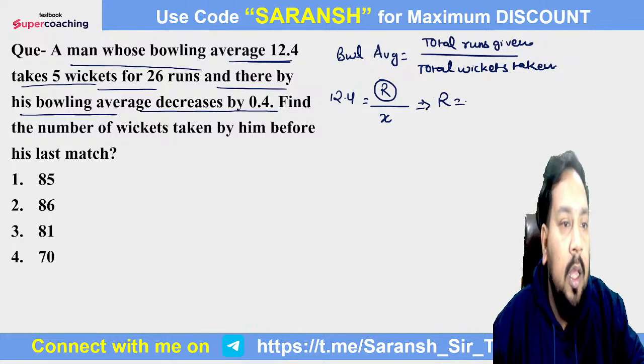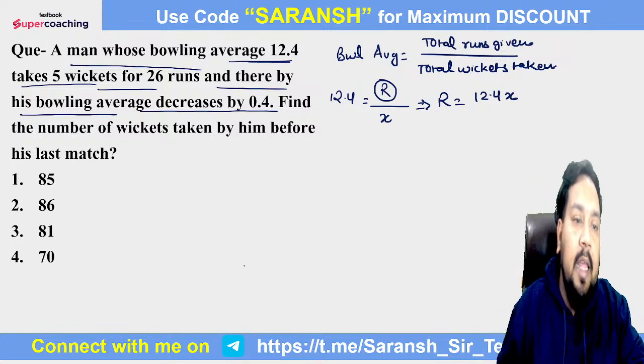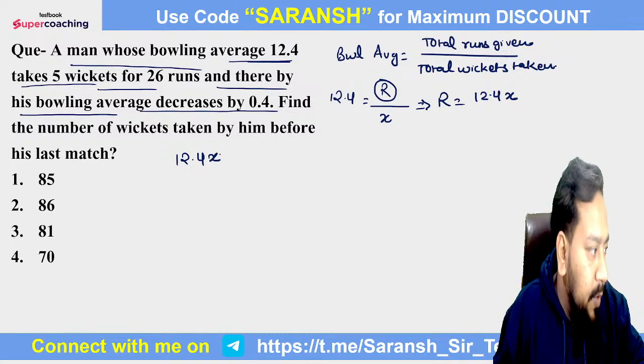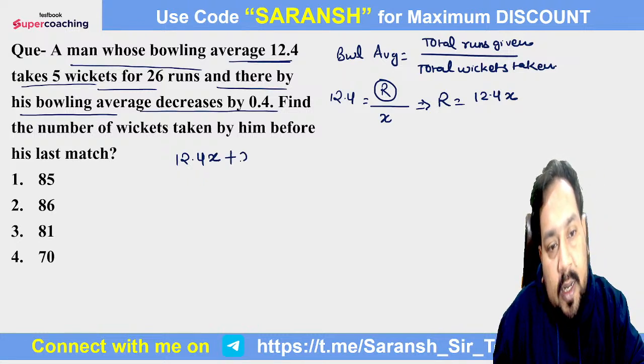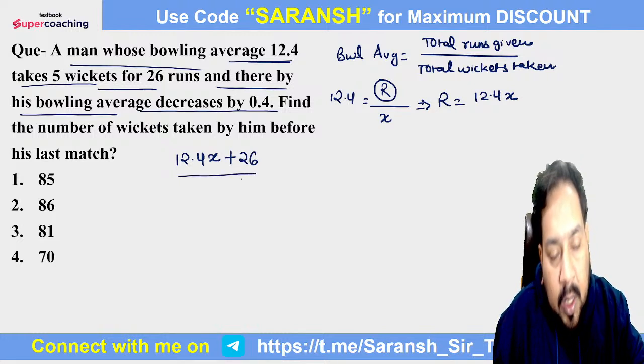Runs will be 12.4x. Now when he gave 12.4 into x runs, and then gave 26 runs more, and took 5 wickets more, then his bowling average will be what?